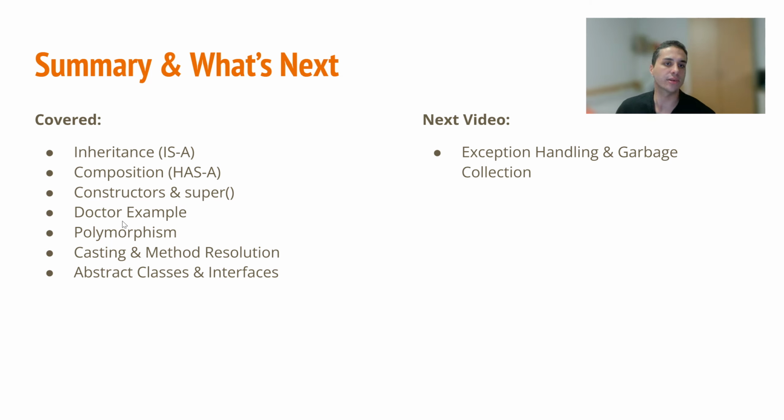We got the doctor example. We talked about polymorphism. We showed examples, and we talked about casting and method resolution. We cast the doctor to the lower class surgeon. It doesn't sound right, but in Java at least it works. And we talked about abstract classes and interfaces. So thank you for watching this part, and see you in the next one.